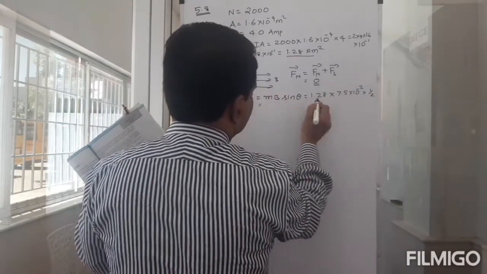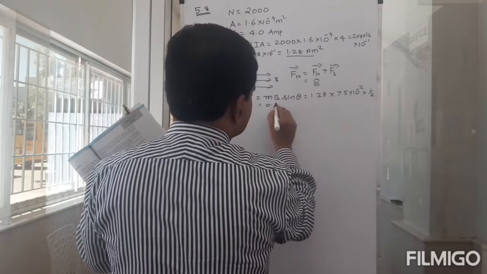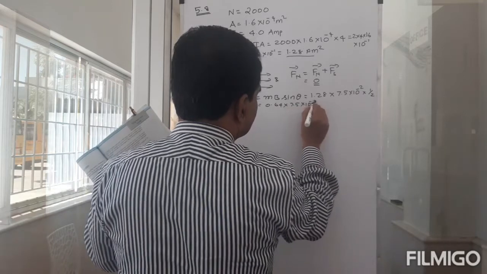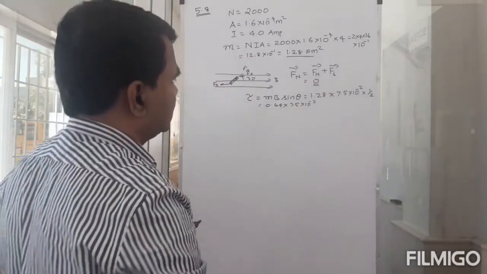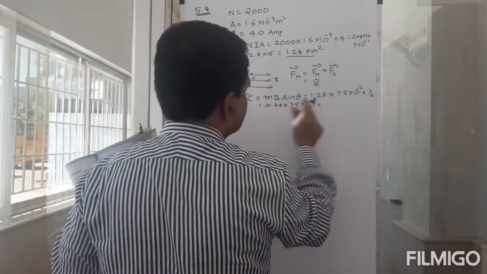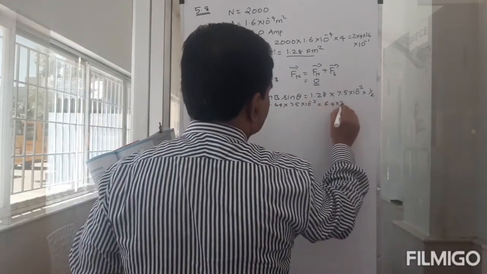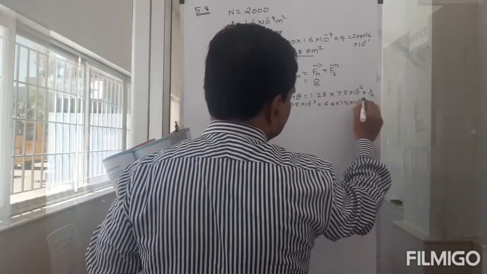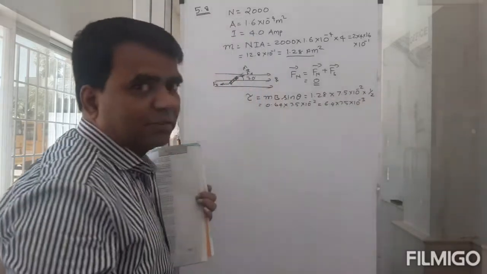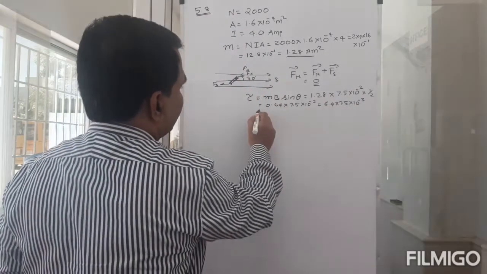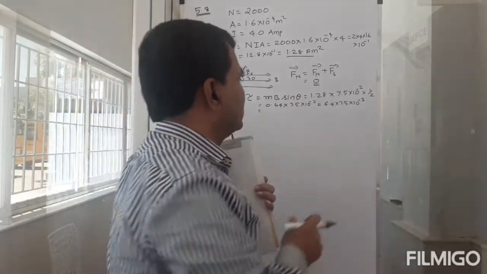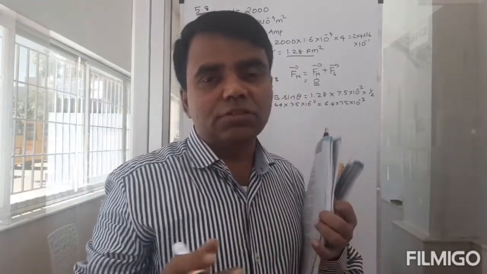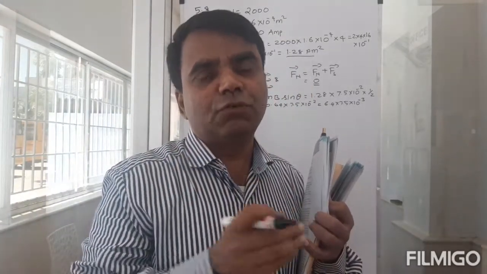So that should give you 0.64 into 7.5 into 10 power minus 2. So I can write this as 6.4 into 7.5 into 10 power minus 3 (10 power minus 2 into 10 power minus 1). So notice here, 6 times 7.5 would be, twice 7.5 would be 15, so 6 times that would be 45.